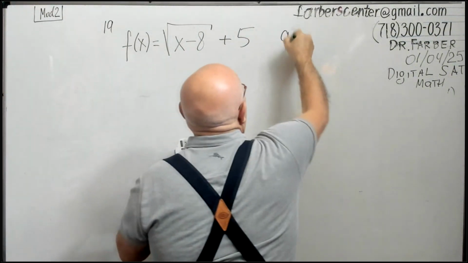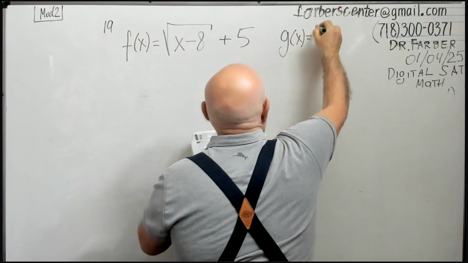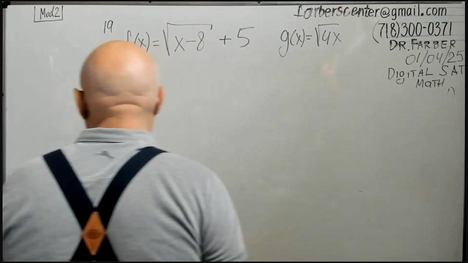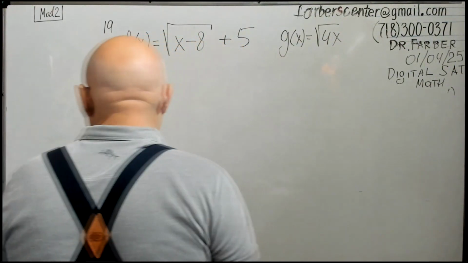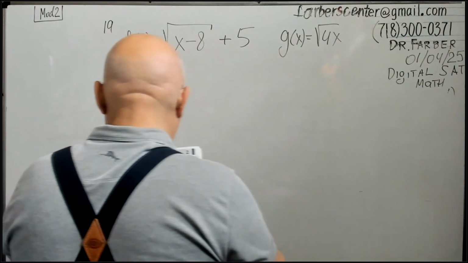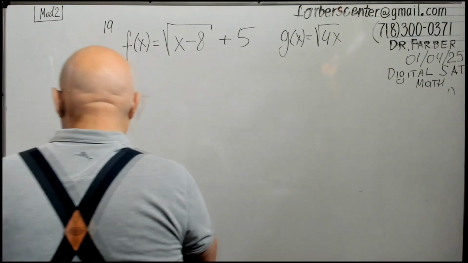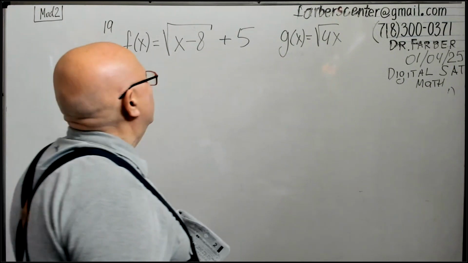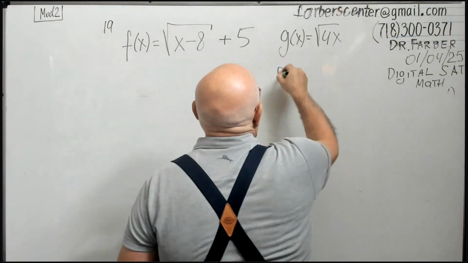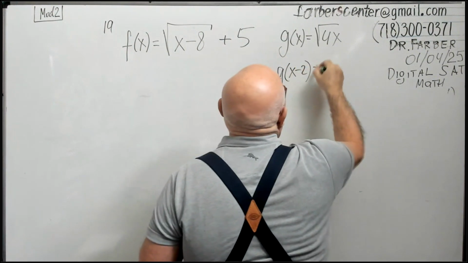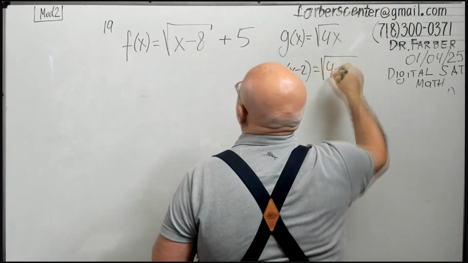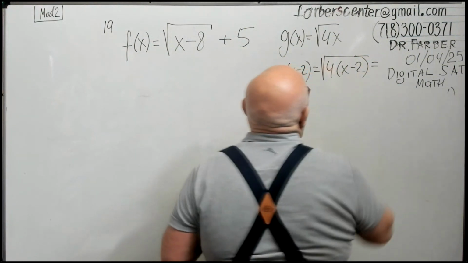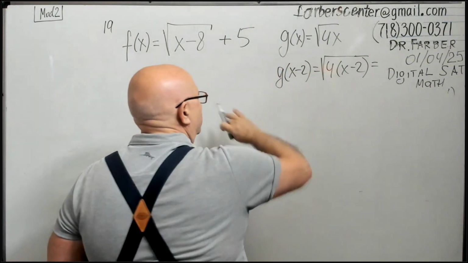And you have g of x, this is given, equals square root of 4x. And they ask you to compare these 2 graphs. And you have shift to the right by 2 units, etc. If shift to the right, you have to translate, you have to subtract 2. For instance, g of x minus 2 equals square root of 4 times x minus 2. Right? To the right, you translate, you subtract this.